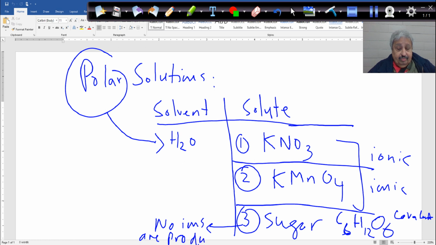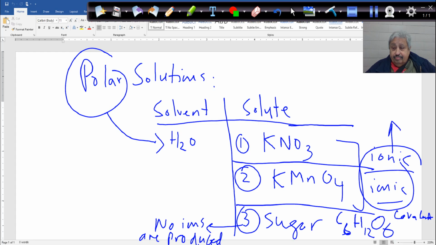That's the only thing. The polar covalent ones don't produce ions, not all of them, but the non-electrolyte ones. Those others are ionic, which means they are producing ions when dissolved in H2O. So those are soluble, like dissolves like, correct?